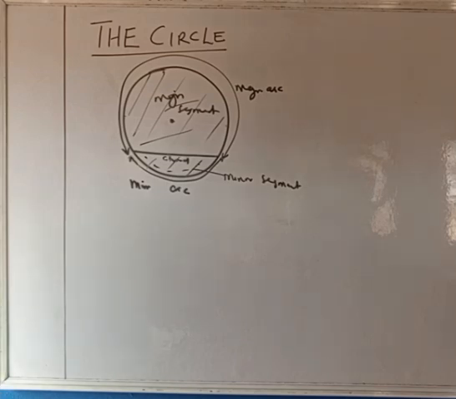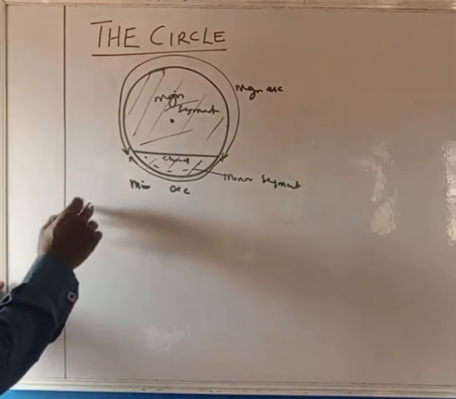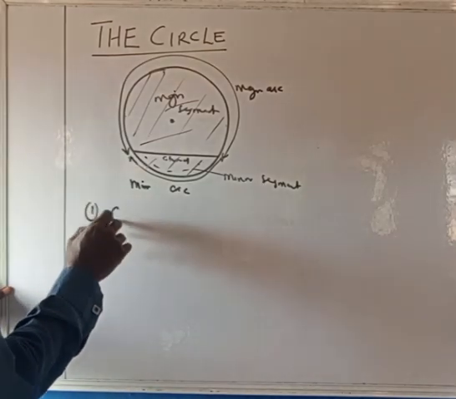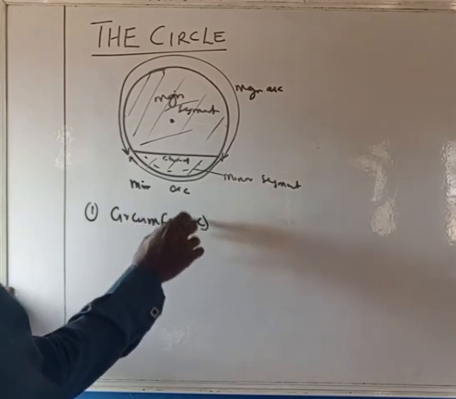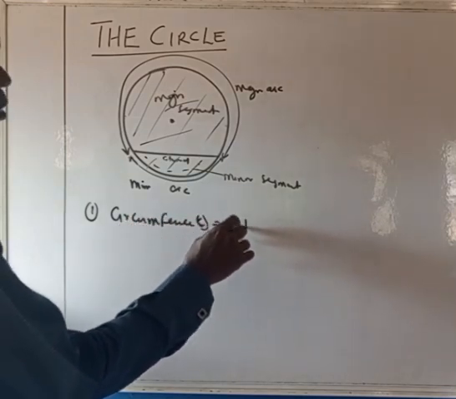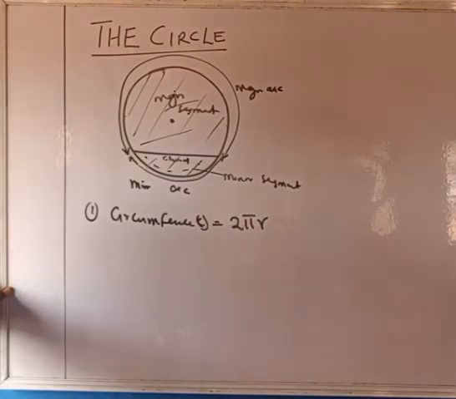In the last class, we were able to establish some formulas to find some properties of the circle. Number one, we talked about the circumference. Circumference C is 2 pi r. We were told how we are able to get this formula.